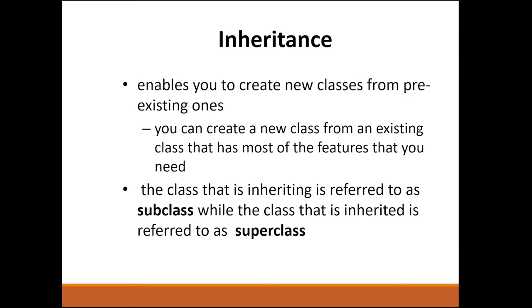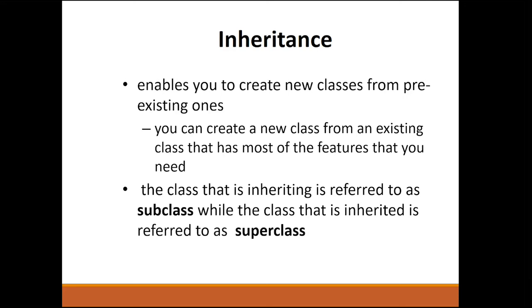So, the class that is inheriting is referred to as a subclass, while the class that is inherited from is a superclass. So, superclass is kung sino yung source, subclass is yung copied, okay? Or yung extend or yung kumopya.